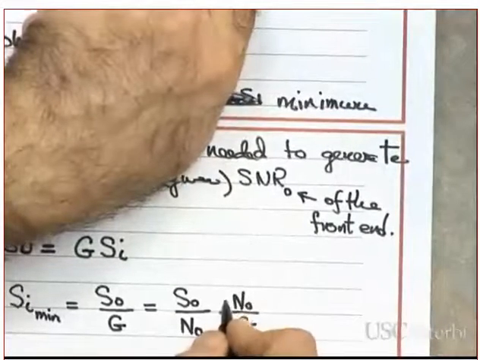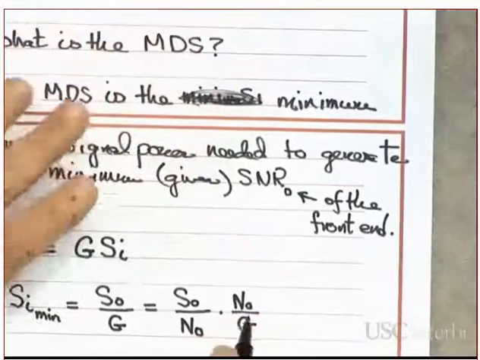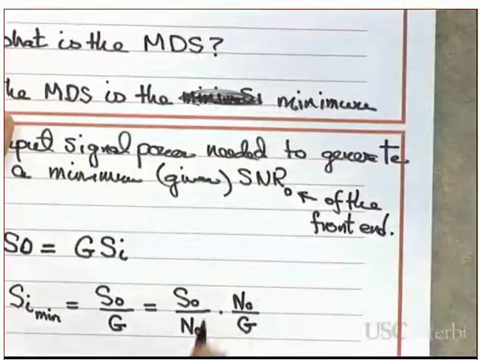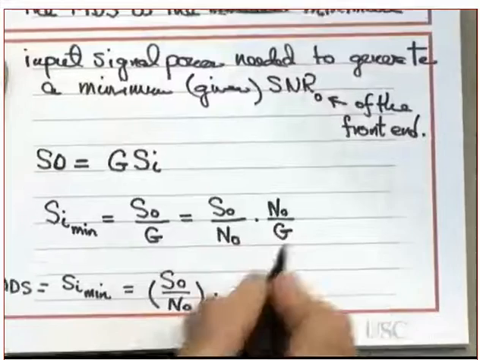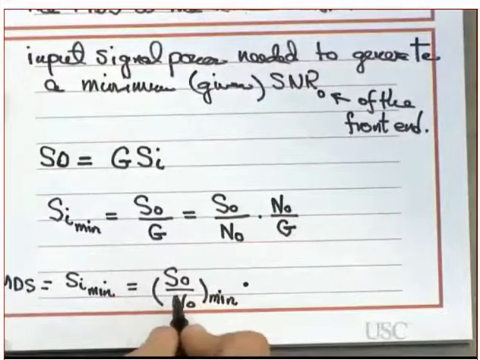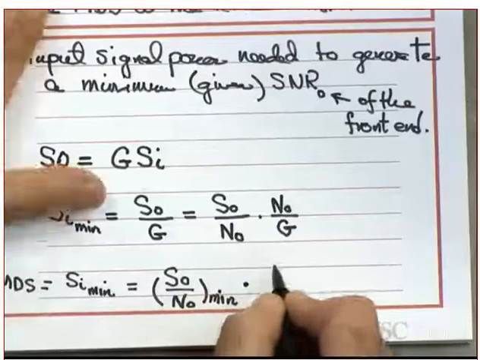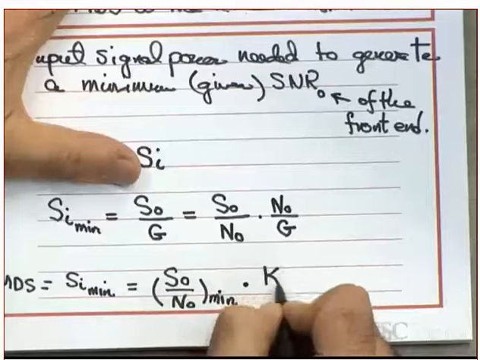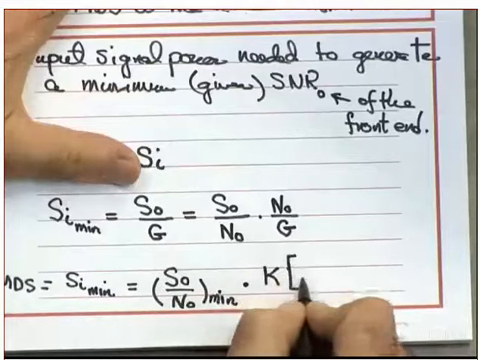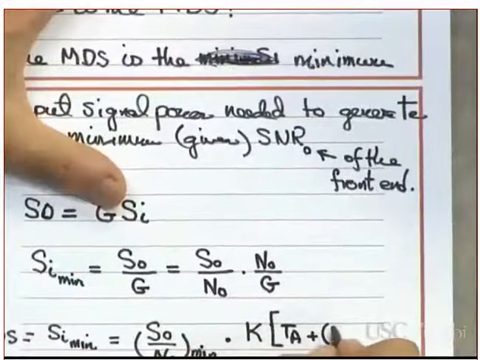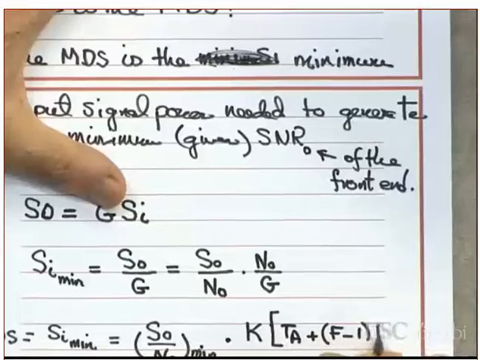Will the G cancel out? Last time I made a mistake, the G remained. Did you receive my email? Remove that G, because the G will cancel with this one. So what do you say? SO over NO minimum times Ni, which is K times TA plus F minus 1 times T0 times what?